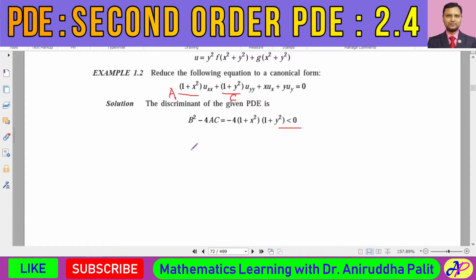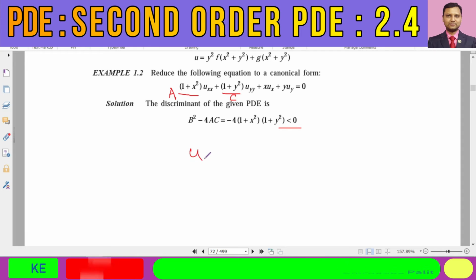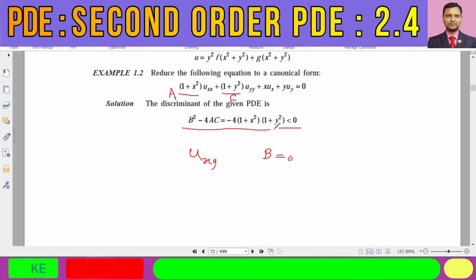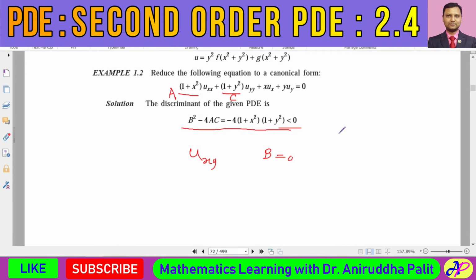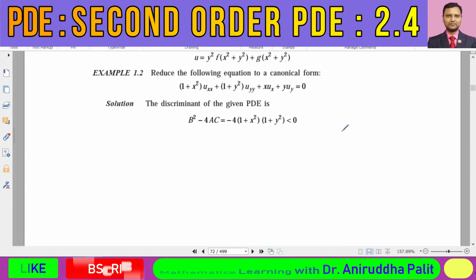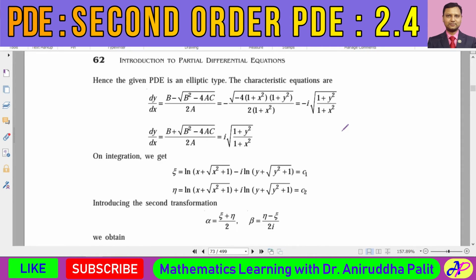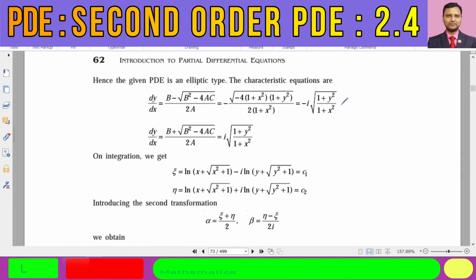And what about B? You see, no term is there like uxy. Therefore, we can say that capital B is equal to 0. Therefore, by these values of capital A, B, and C, we get that b square minus 4ac is less than 0.